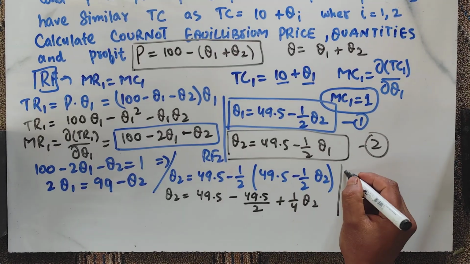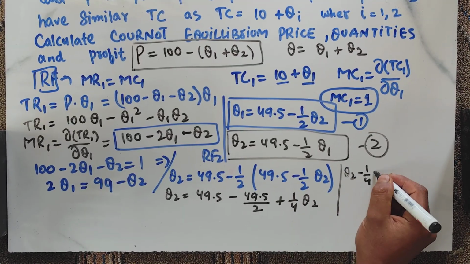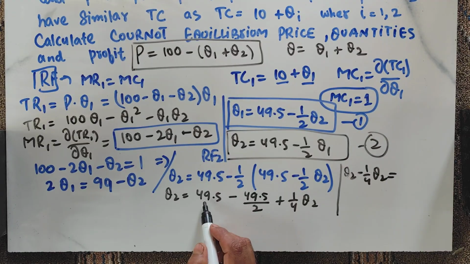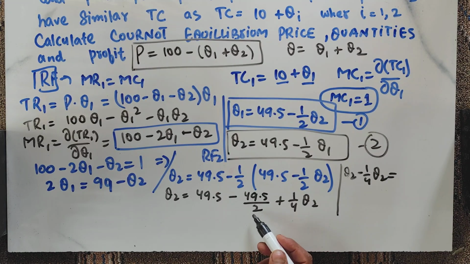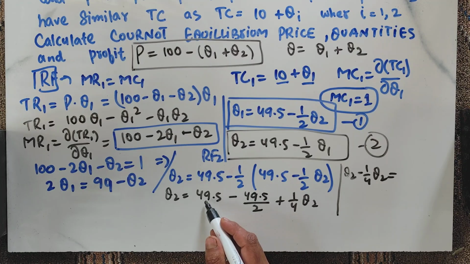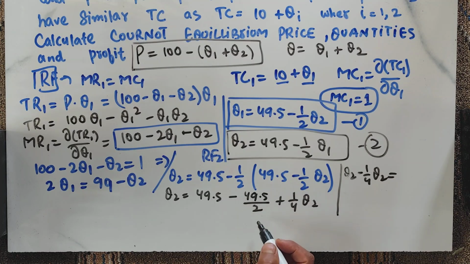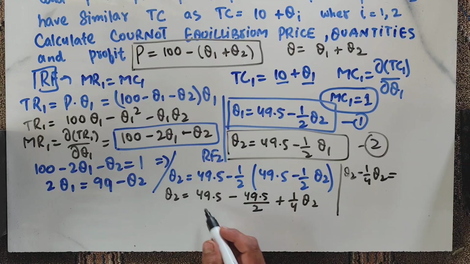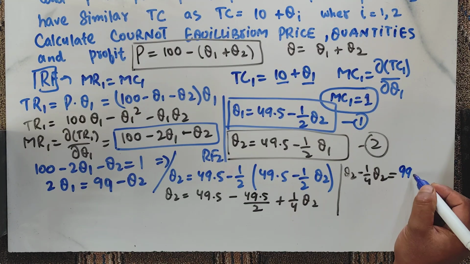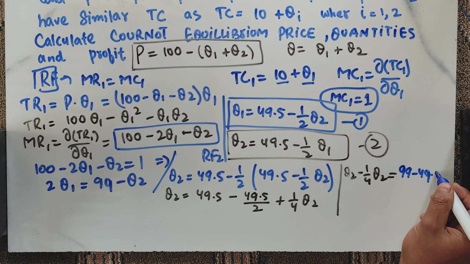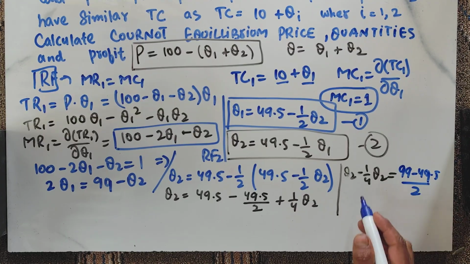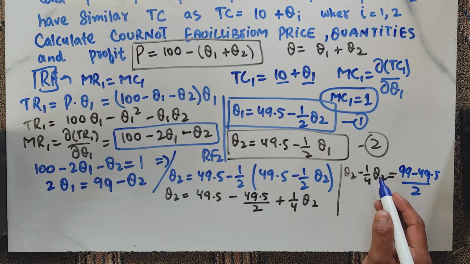We have Q2 minus 1/4 Q2 is equal to 49.5 minus 49.5 divided by 2. So 2 times 49.5 is 99, minus 49.5, divided by 2. And 4 Q2 minus 1 Q2 is 3 Q2.